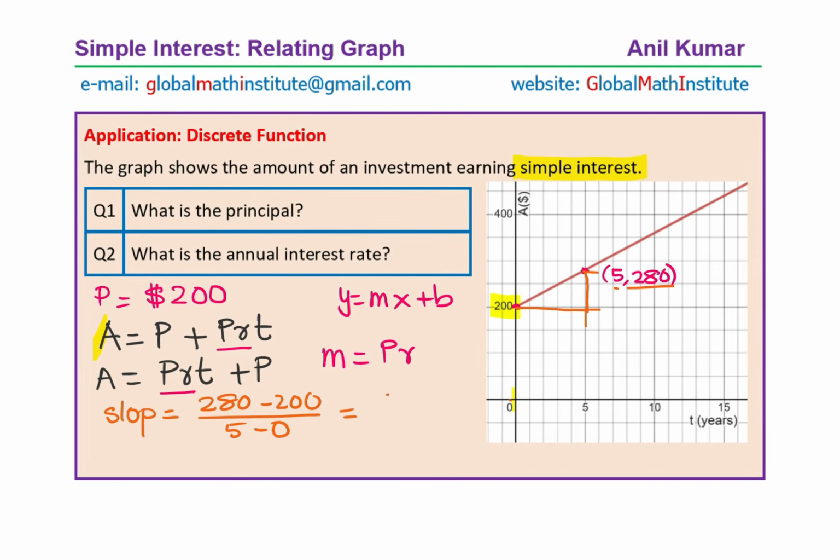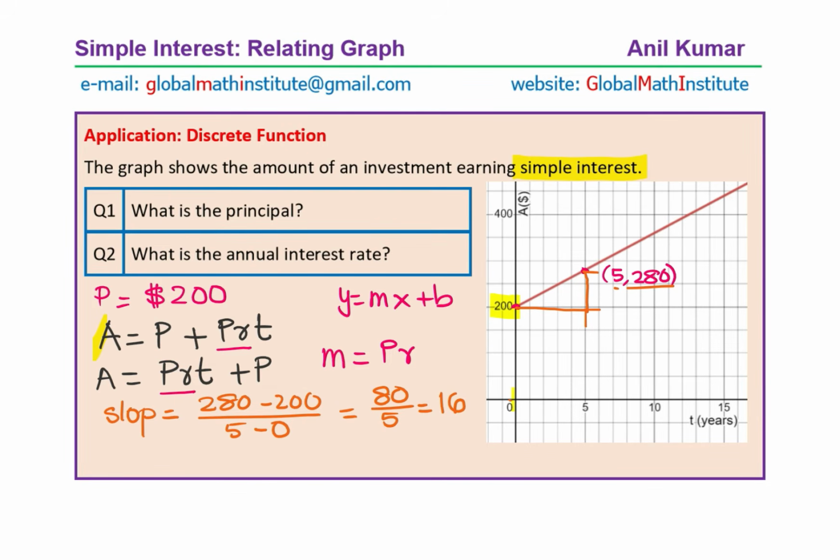This gives us 80 divided by 5. And 80 divided by 5 is 16. So the gradient here is 16.